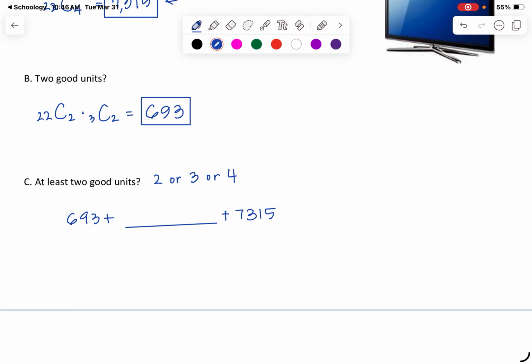So we just have to do the 3 good TVs. Out of the 22, we're choosing 3, but that also means out of the 3 bad, we get 1 bad TV. So 22 choose 3 times 3 choose 1. Put that in your calculator, and you get 13,321.